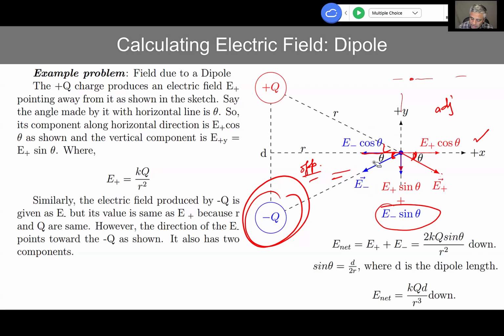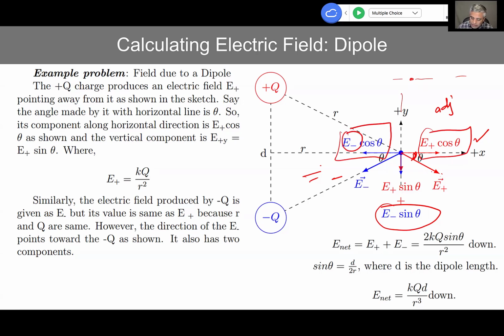So now, what is the total field due to these two? See here, this one and that one. The E, negative or positive, because that point is at exactly the same distance from both the positive and negative charge, what happens? This E positive or E negative, both of them have exactly the same value. Why?